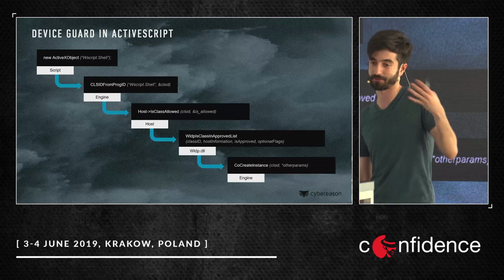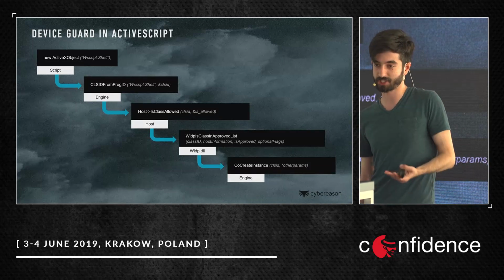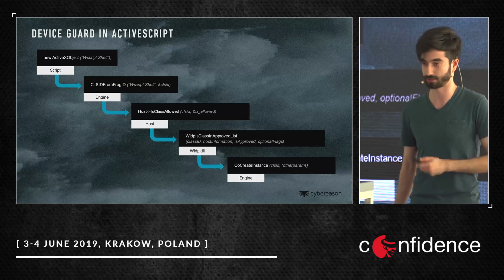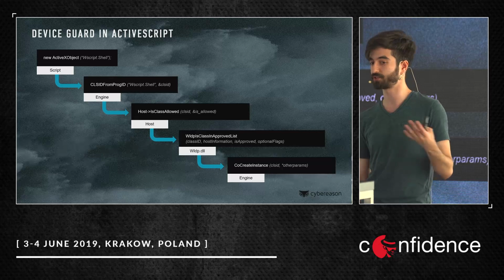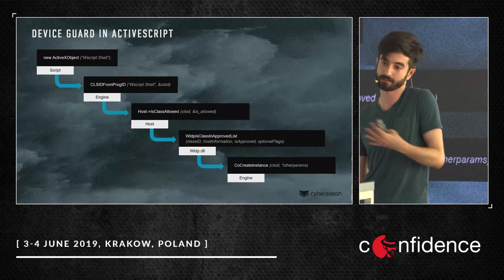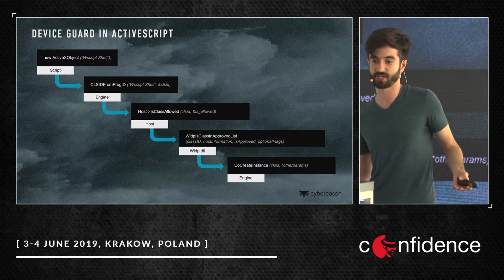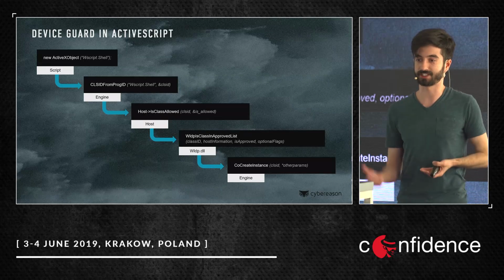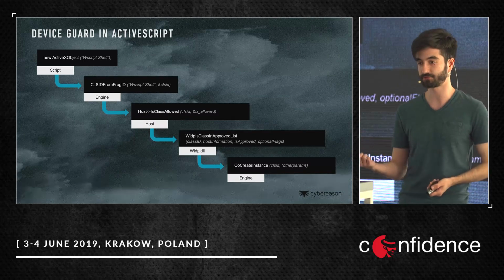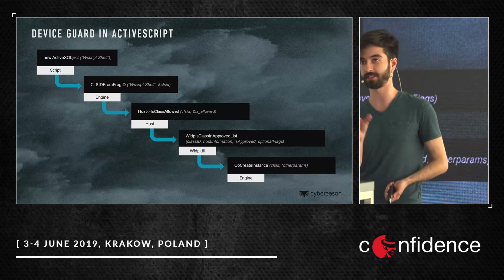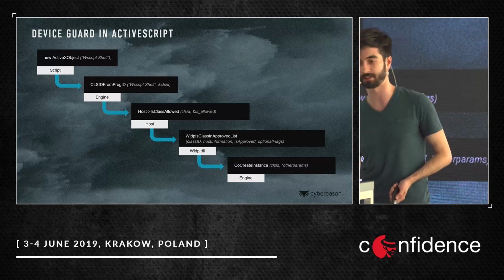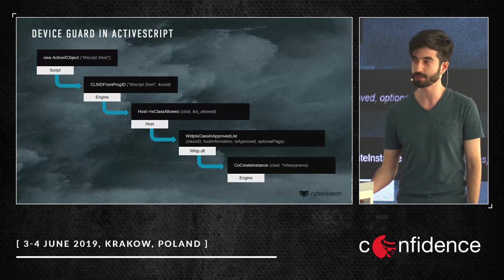One of those evil things is WScript.Shell, which is absolutely terrible, and we should not be allowed to run it. So I try to create a new ActiveX object in the text of my script. Now, this WScript.Shell goes into CLSIDFromProgID, which is a Windows API call that translates this friendly name into the class ID GUID of the same COM object.